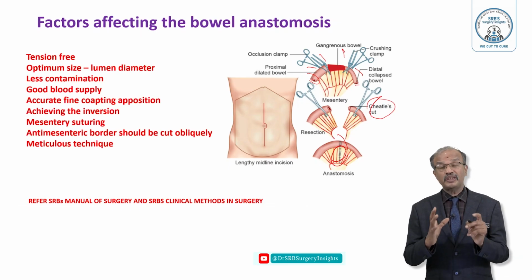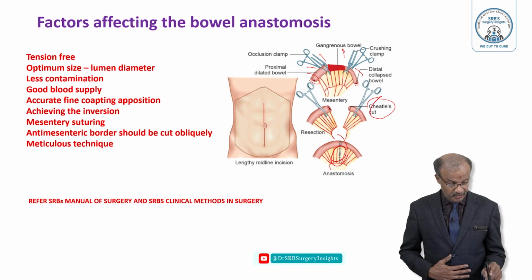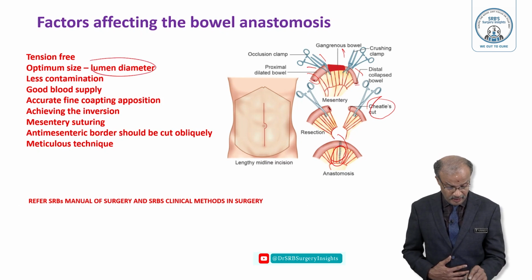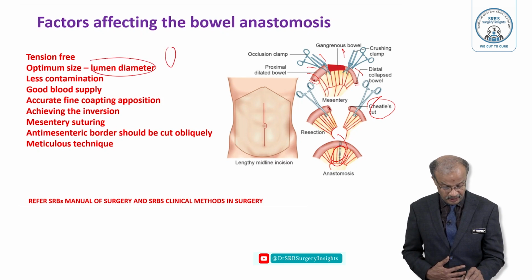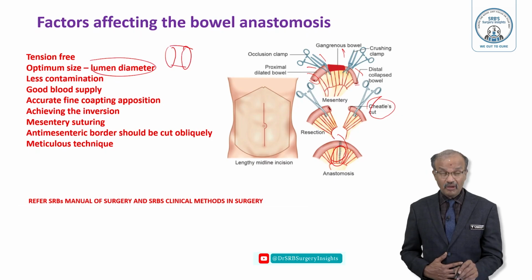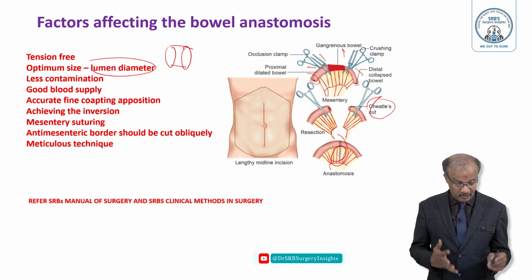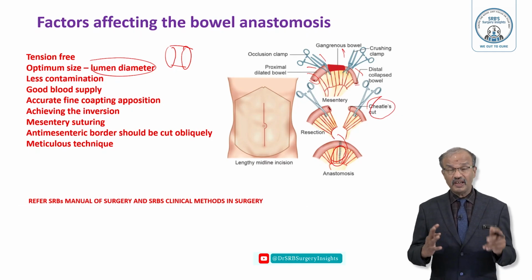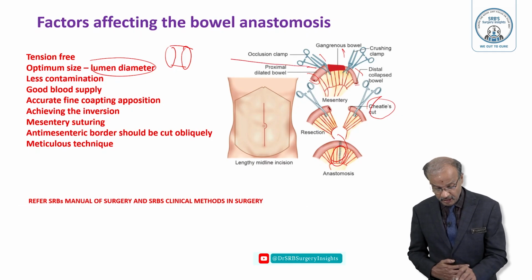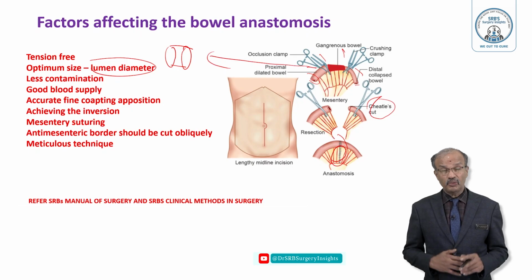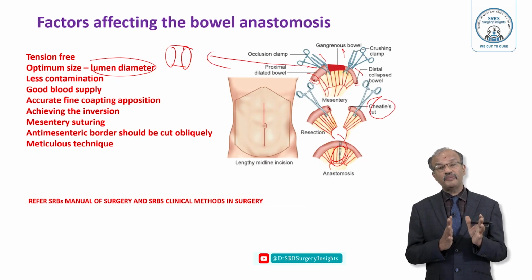So make the bowel anastomosis tension free. The lumen size, diameter, is important. It should be equal, as much as possible. If it is not equal, you have to find some way to make it equal. That's very, very important. There should be less contamination. That is why you always put occlusion clamps there.